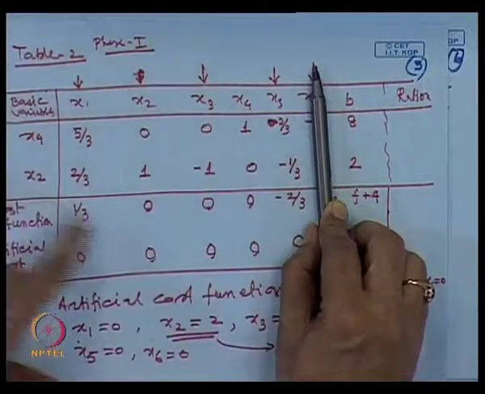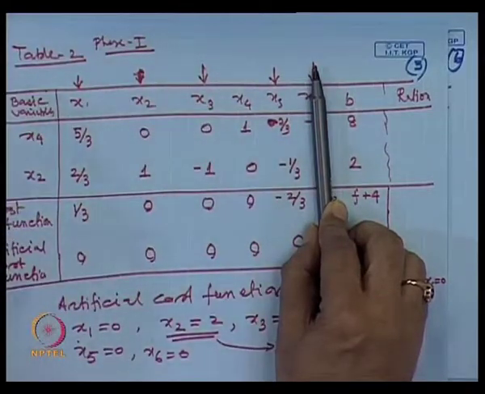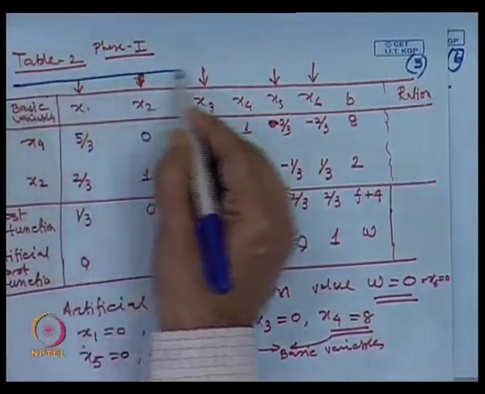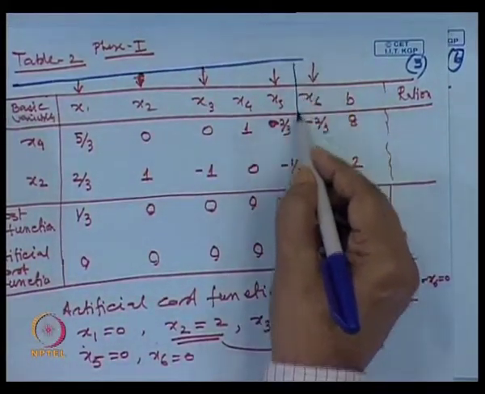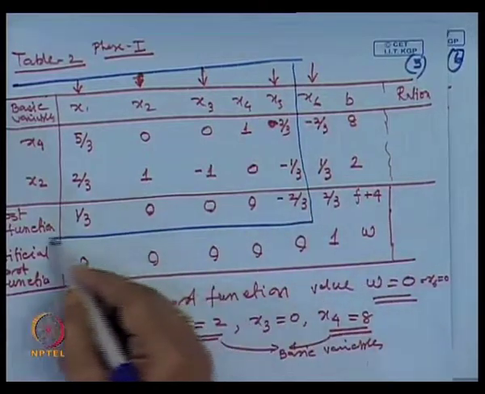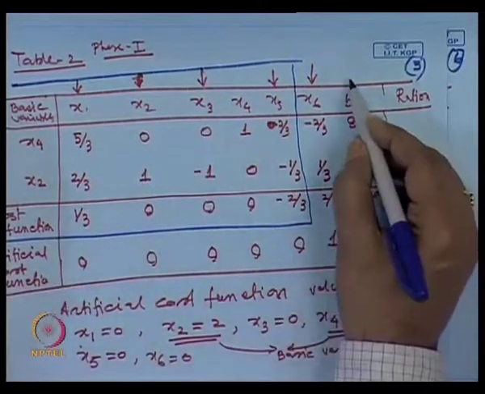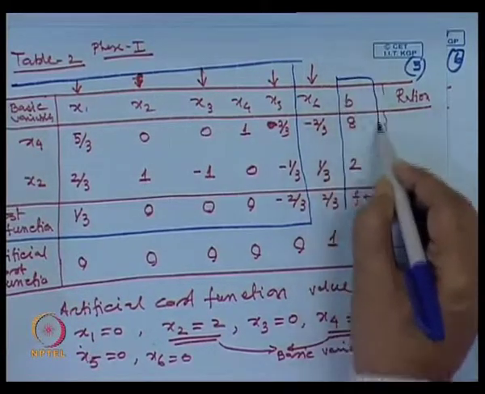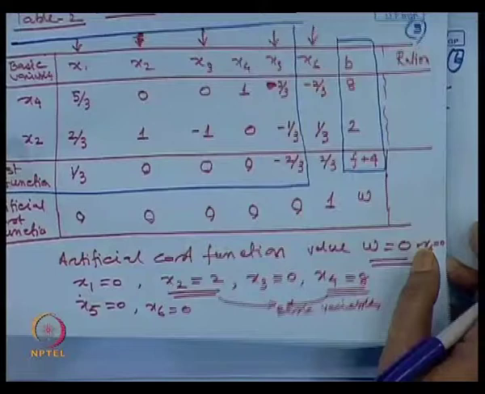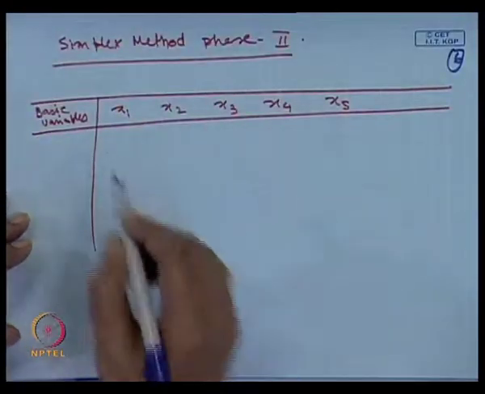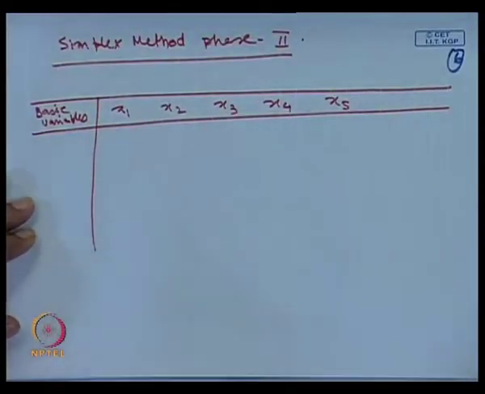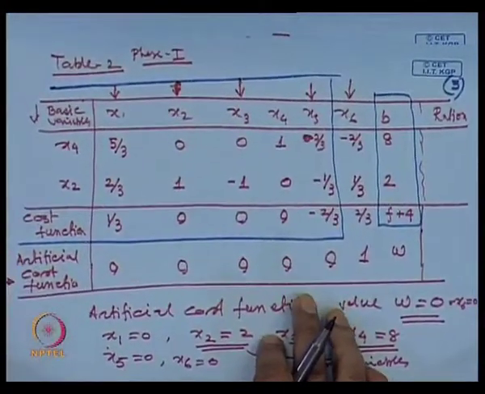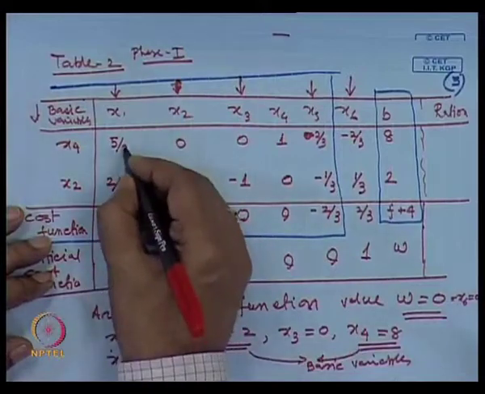Okay? Then our problem is minimizing our cost function. So I am writing only this portion, from here up to this, and including this column also. This thing I am reproducing now. Now this is 5 by 3, 5 by 2.